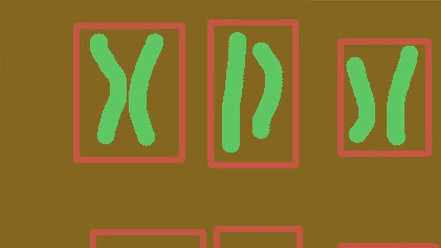Now, information in these chromosomes is organized. So on these chromosomes, there are locus, and that just means a location on the chromosome. And there are many, many, many of these. And finally, at most of these loci, you'll find genes, which are segments of DNA that code for proteins.